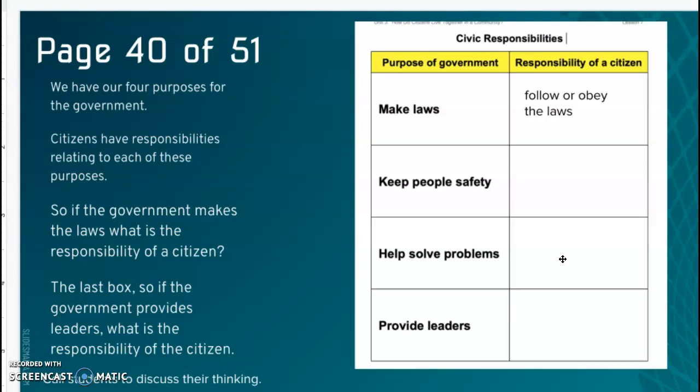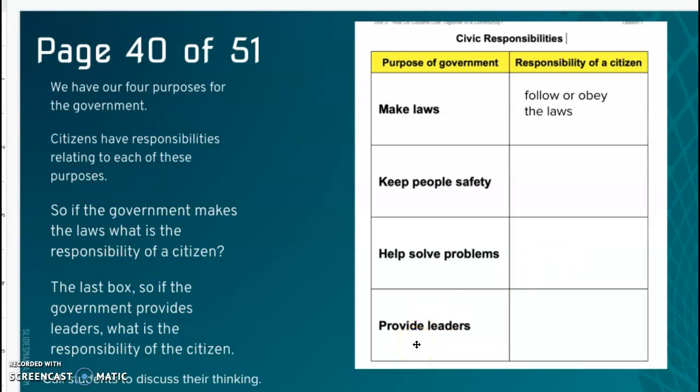Those are some things that you can do to help solve some problems. Or if you're in the park or out in the community and you see trash, being a good citizen, you could go and pick those things up.